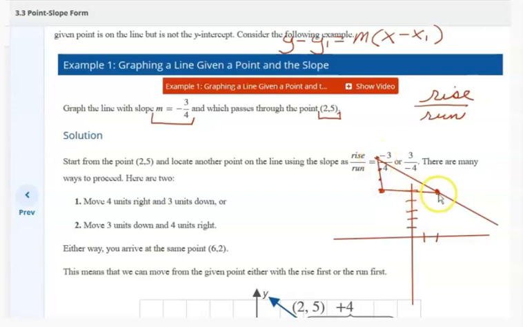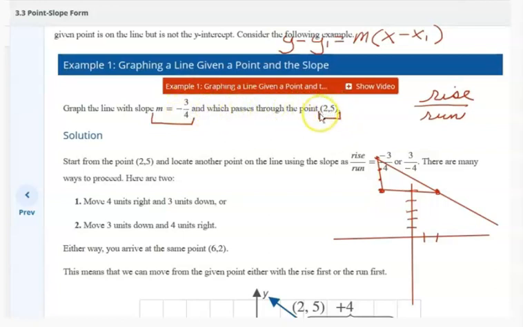From that point, negative to the left, and then up 3. And we have created the graph with just one point and the slope.